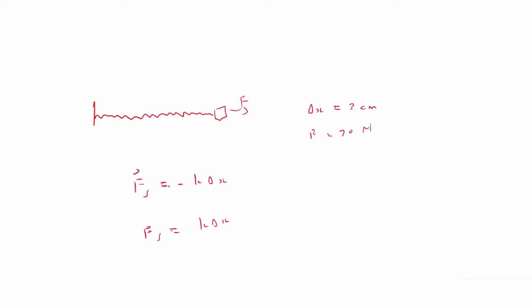All right, so this is the vector and this is the magnitude, of course. You could put a vector here. Okay, if you just look at the magnitude, it's fine. Then you say, well, k is just going to be Fs over delta x, and that is equal to 70 divided by 3. So that's going to be equal to 23 point something. Okay, 23.3.